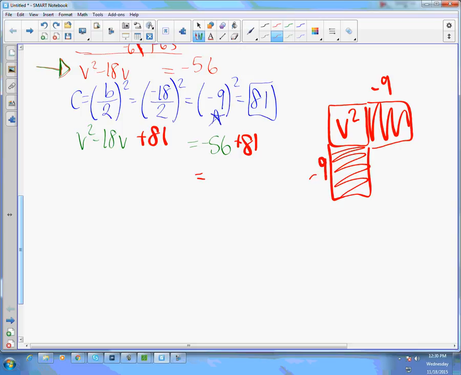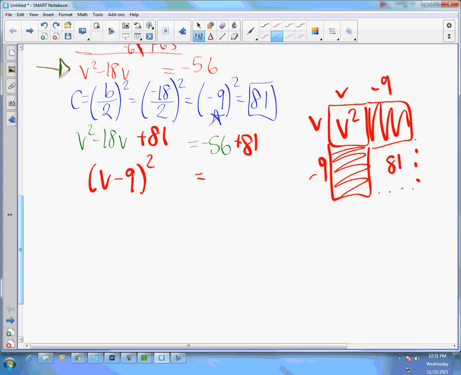Negative 9. And this is b squared. What's the width of the b squared? b. What's the length of the b squared? b. And here, we just put in 81 green tiles. So our length times our width is b minus 9 times b minus 9, which is b minus 9 all squared.